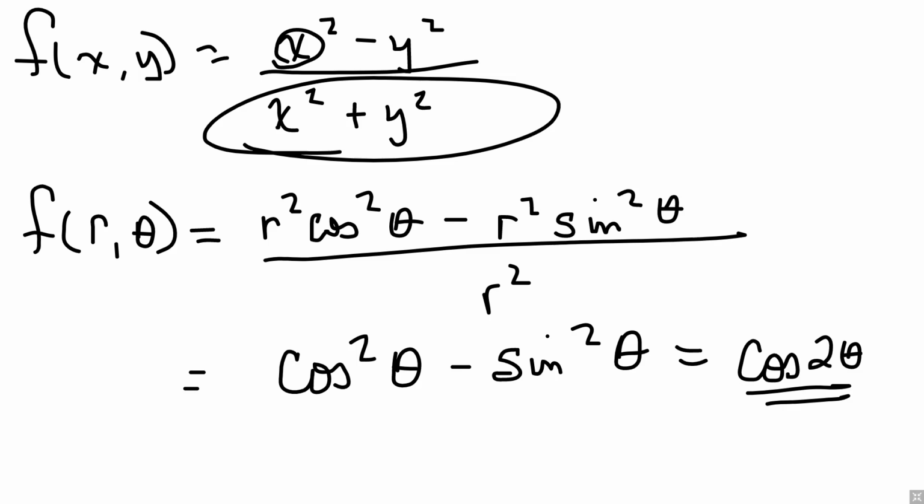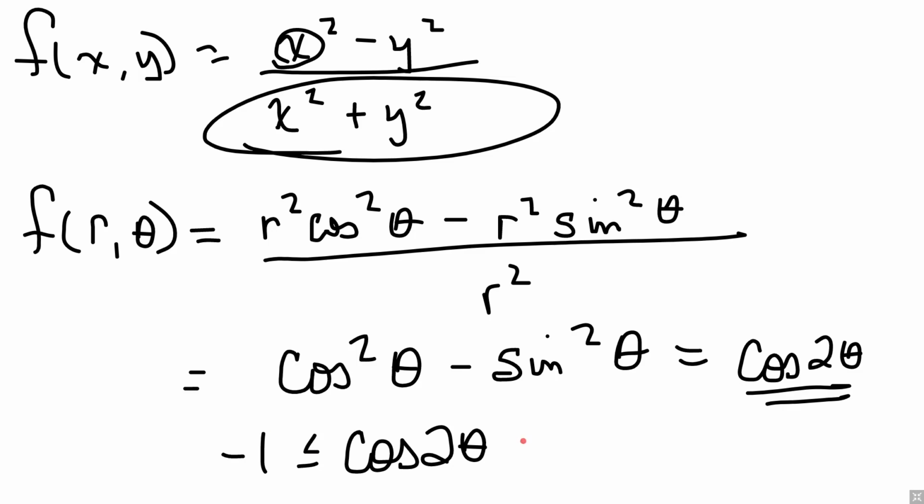Well, let's think about this. Cosine of 2 theta. Cosine is bounded between what and what? The y value for cosine is bounded between -1 and 1.